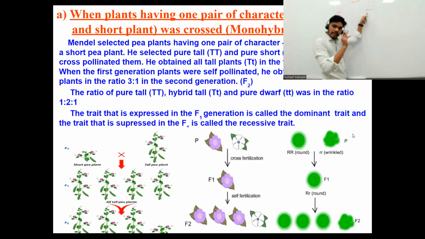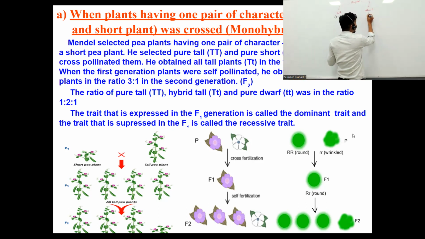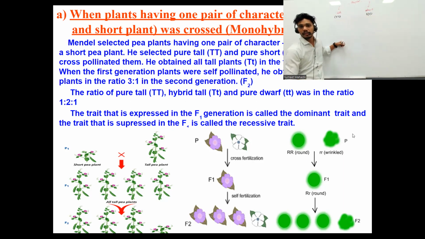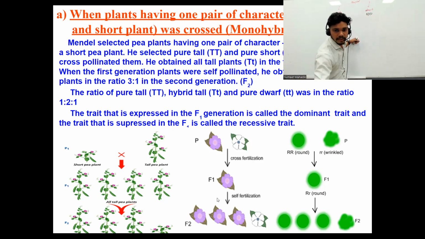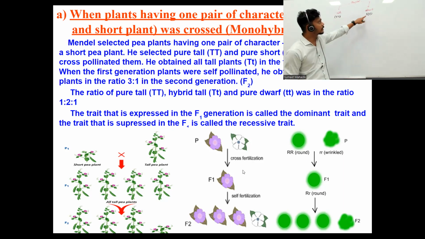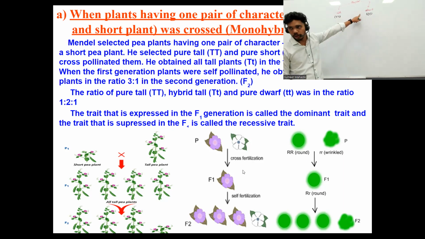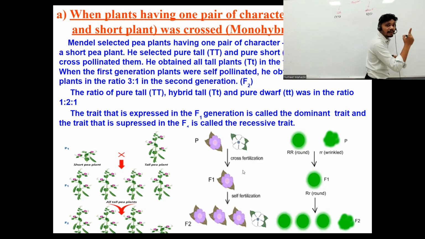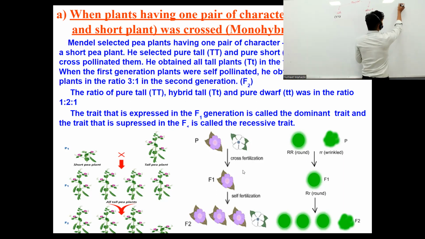And this short one is dwarf, which means both characters are small t. Yes or no? What is small t? Dwarfness, or the short one. So can I say that trait? What is hereditary? The transfer of trait. So one trait is T for tall, and t for dwarf or short.